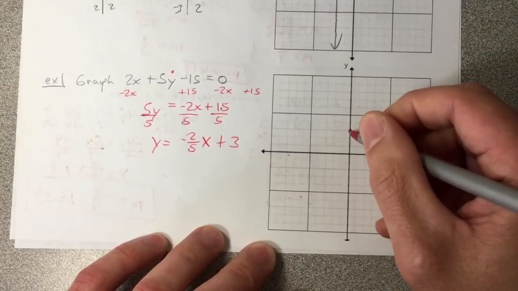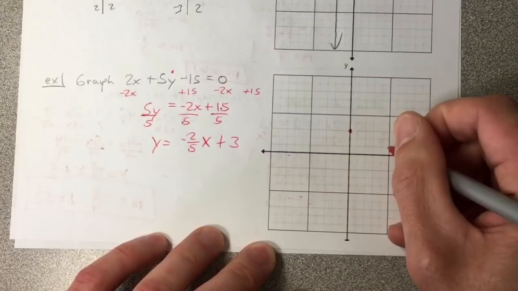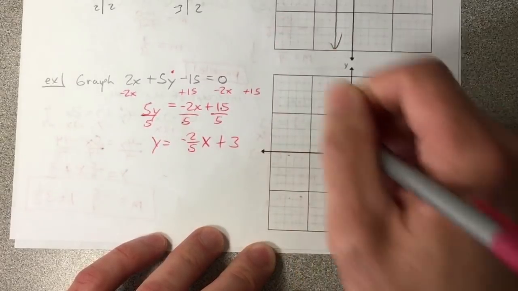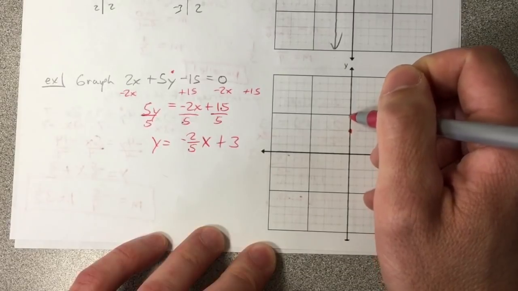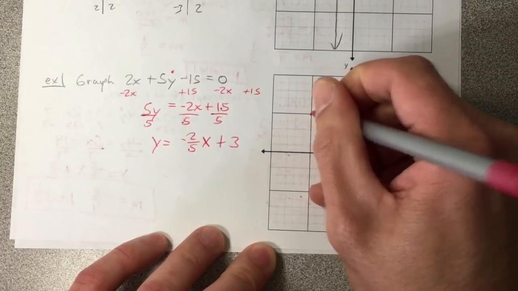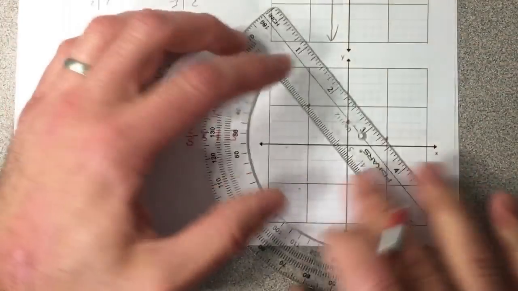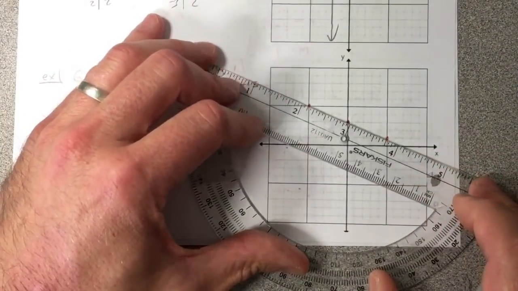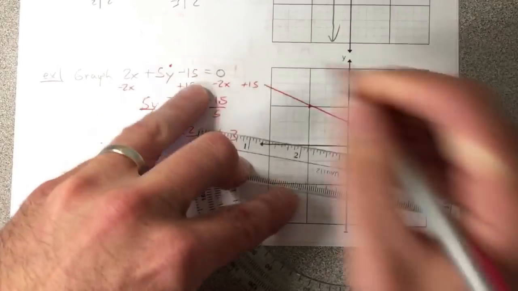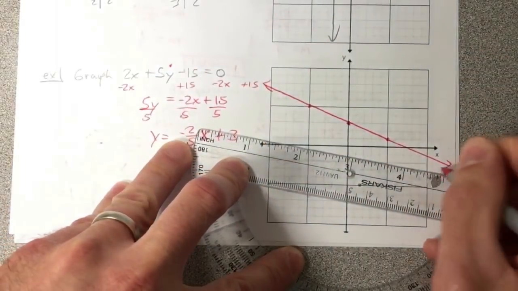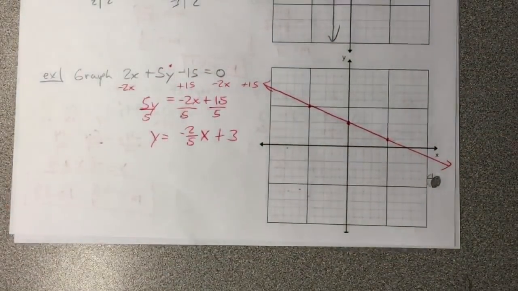You can get a second point by going down 2 over 5. Two points is enough to determine a line, but I want it to be pretty accurate, so I want to back this up. I want to go up 2, back 5. And that'll cover the page pretty well. And there you have it. We've graphed a line.